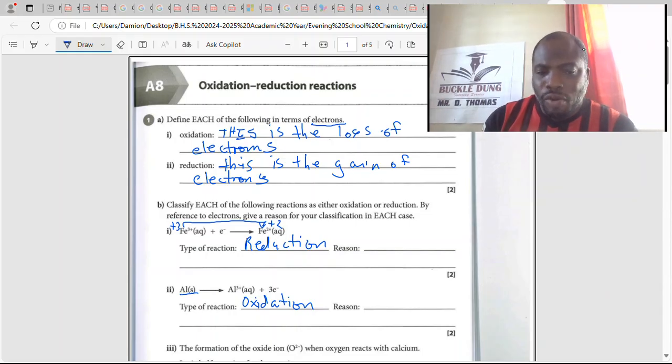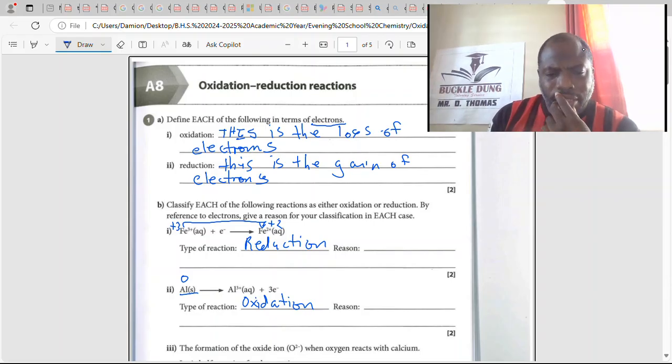But watch me now. What is the oxidation number of this? Zero. Why is it 0? Why is it 0? Because it's not bonded. Wonderful. See it?